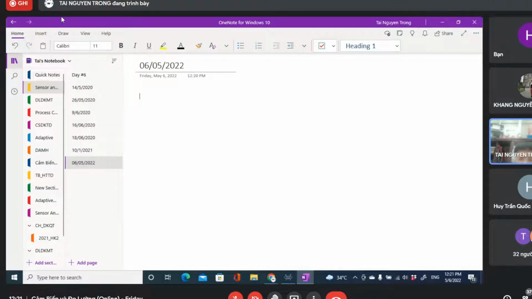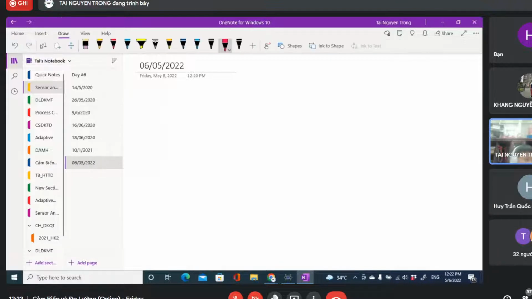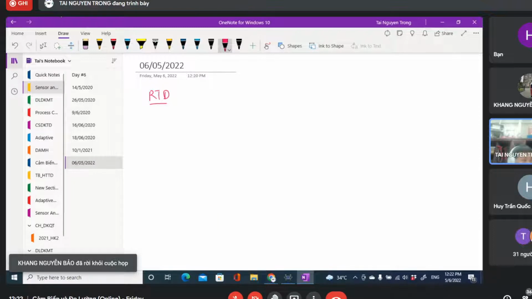Okay. Then let me review the test that we studied on Latwis, and we have studied about RTD. If we want to reach the sensor signal, that is the RTD value that will depend on the temperature.